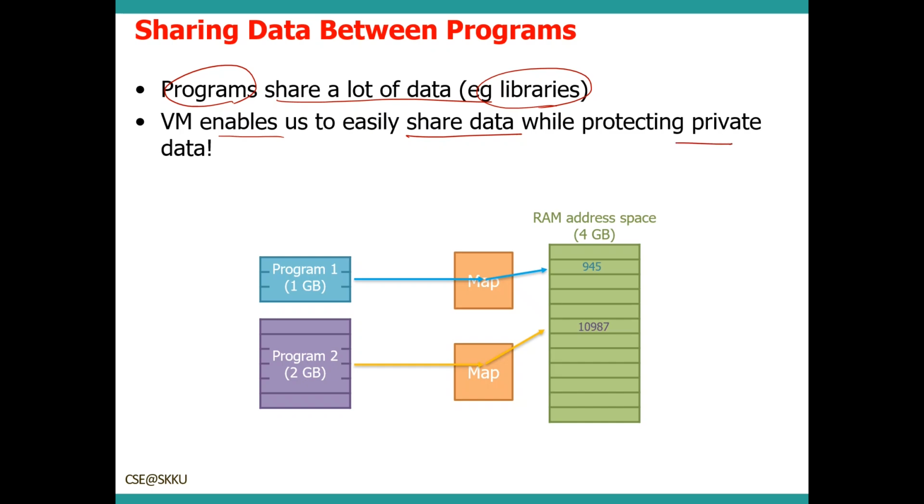So in this example, these private data are located at different physical memory addresses, but this memory can be shared between two programs. So shared data can be allocated to this memory space, and program 1 mapping and program 2 mapping point to the same memory location.